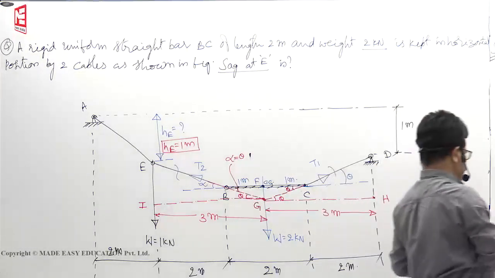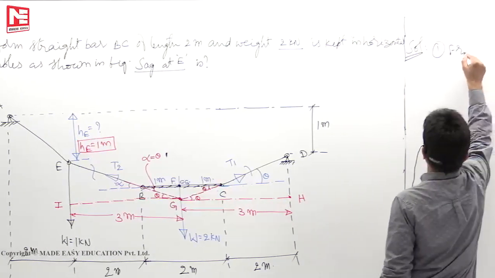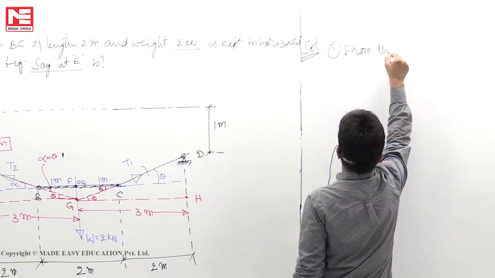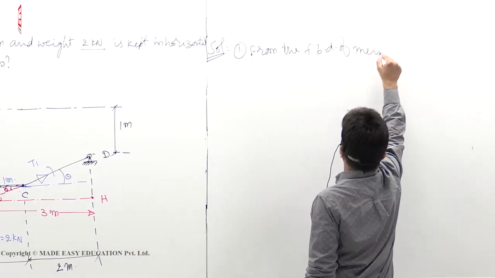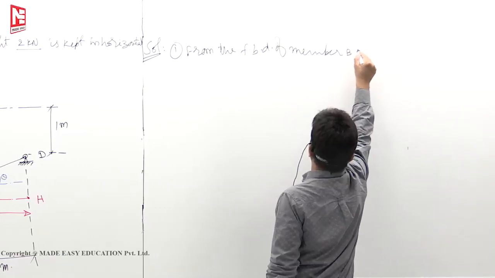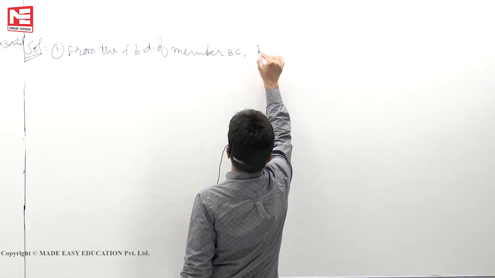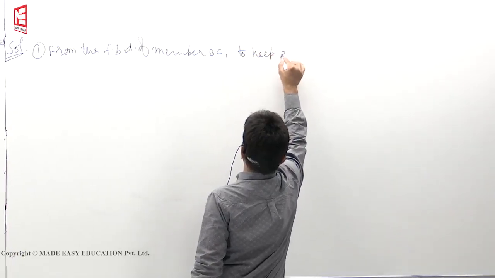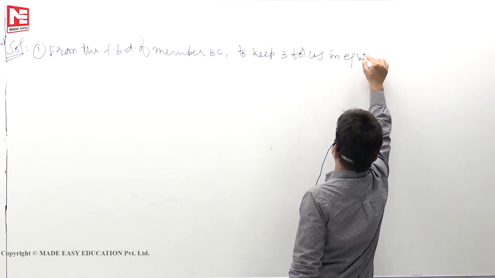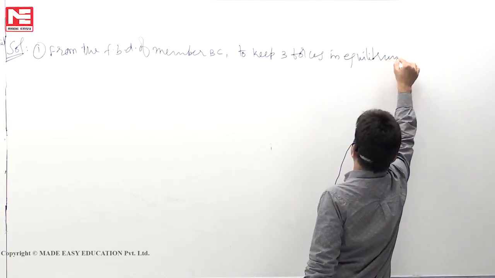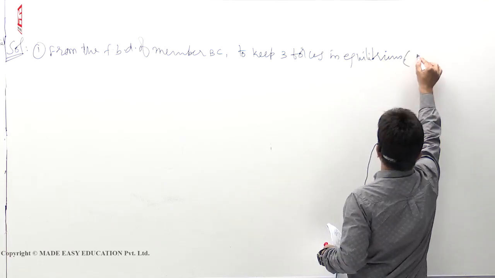From the free body diagram of the member BC, first point, this is what you have to write if it is a 12 marks question: from the free body diagram of member BC, to keep 3 forces in equilibrium, what are those 3 forces?